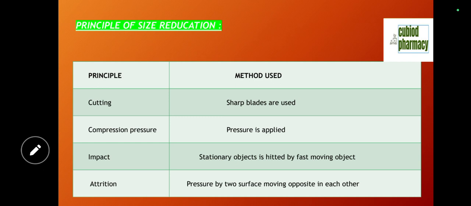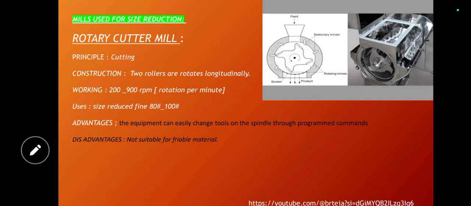Next, I will discuss each piece of equipment briefly, with short sentences, explaining only the main important points: what the rotor cutter mill is, what it is used for, how it is used and how it works.